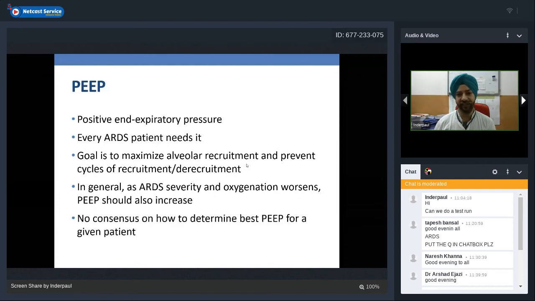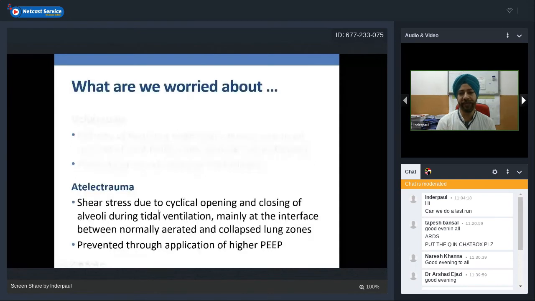But there is generally no consensus on how best to set the PEEP. It has to be individualized. We are really worried about the shear stress due to cyclical opening and closing of the alveoli during tidal ventilation, and that is why we want to prevent that by giving an optimal PEEP.